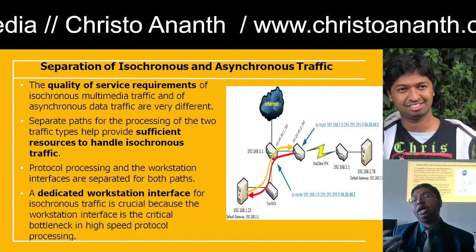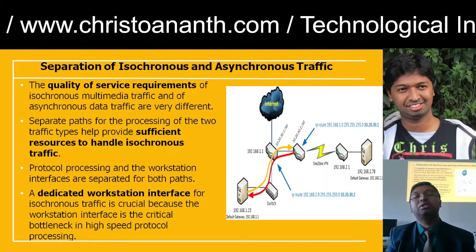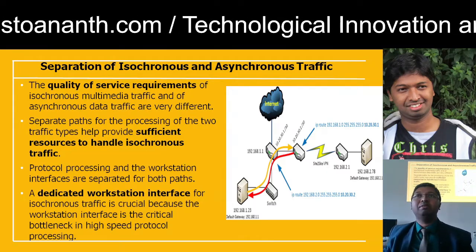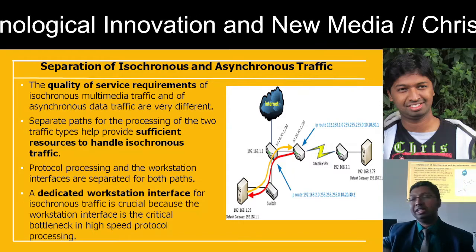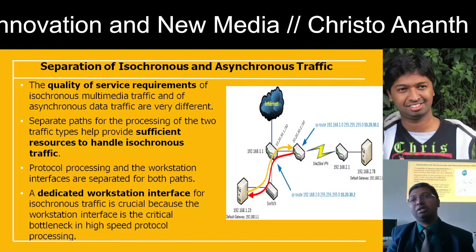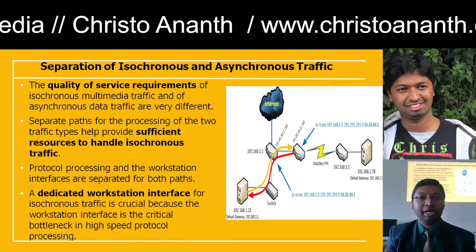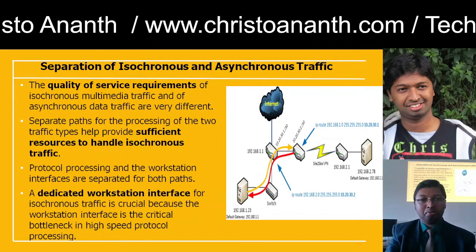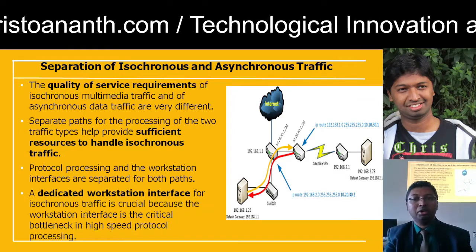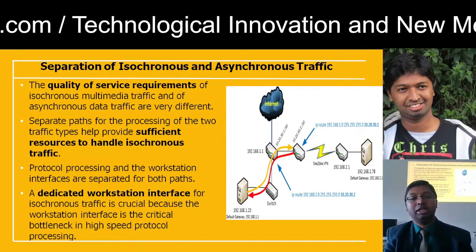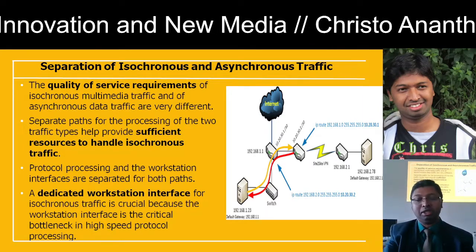You have to have individual sufficient resources to handle isochronous traffic. Asynchronous cannot handle any error, but isochronous has to tolerate some error. So you have to provide sufficient resources to handle the isochronous traffic. So protocol processing and workstation interfaces are separated, and we are going to have a dedicated workstation interface for speeding up the high speed networks.